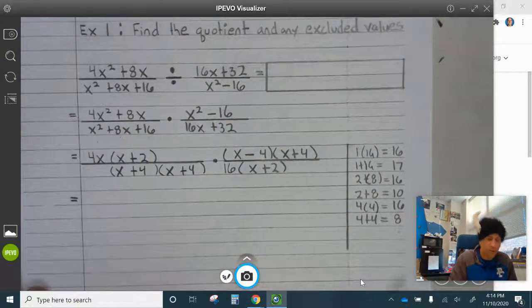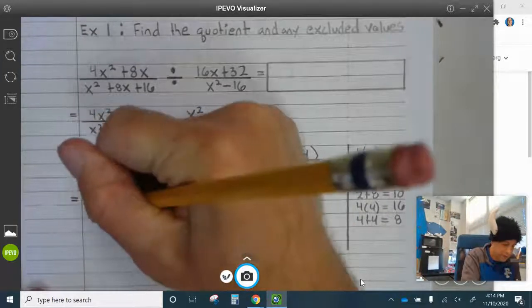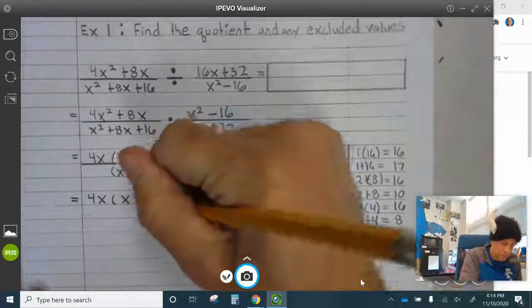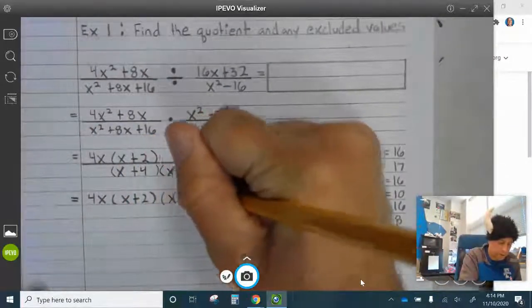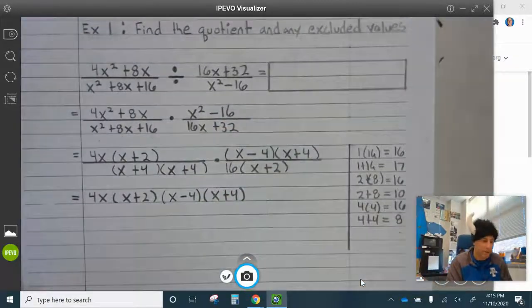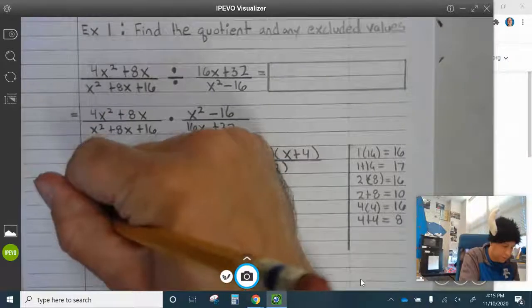Now we need to rearrange things looking for the special one. So that's 4x times x plus 2 times x minus 4, x plus 4. The numerator's order doesn't matter. But now let's reorder so that, well, let's put the 16 in front. The 16 is right here.